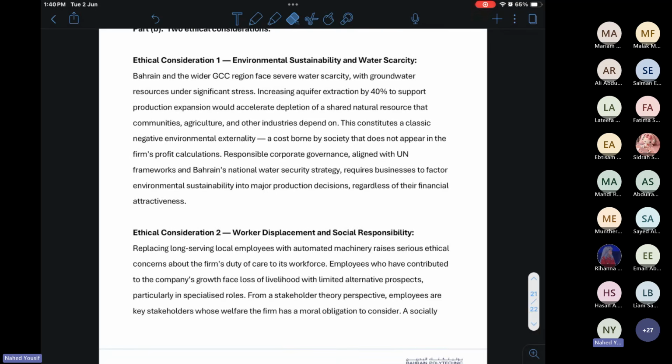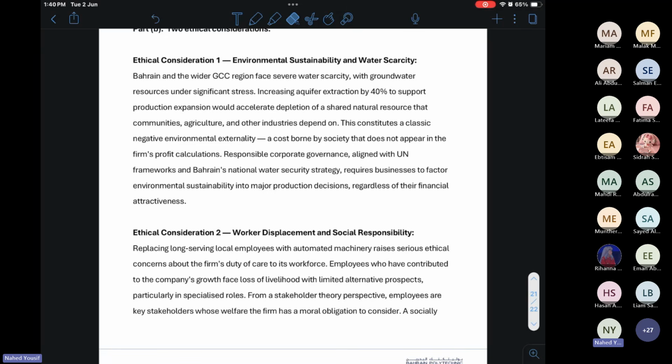For the second part, if we displace workers with machines, that will have a bad effect socially because they will not have work.